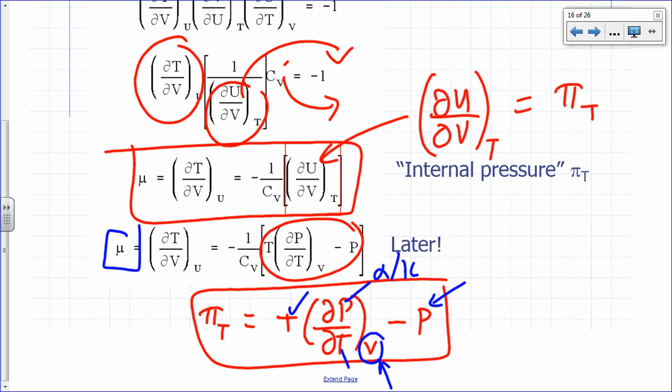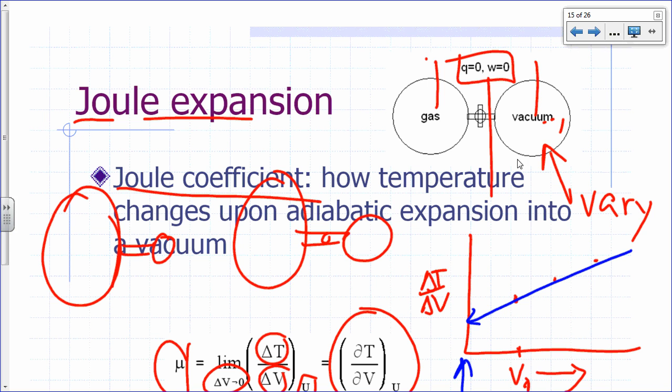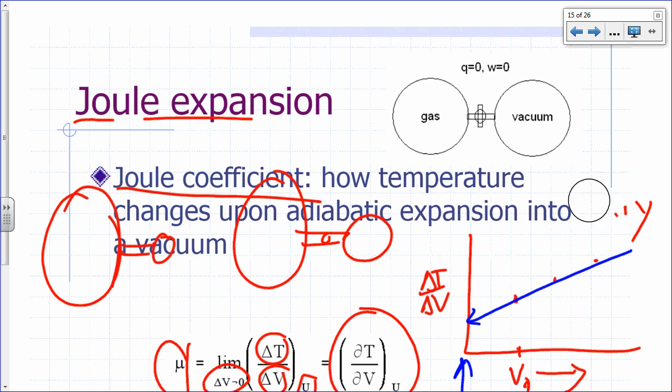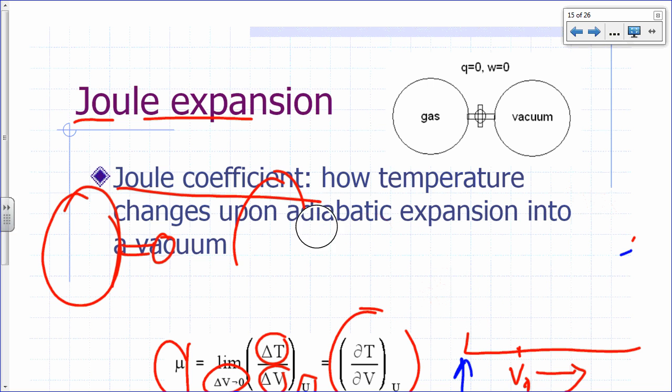Now, mu, if you go back here, the problem with mu is that for gases, when gases expand, the temperature change is typically very, very small.